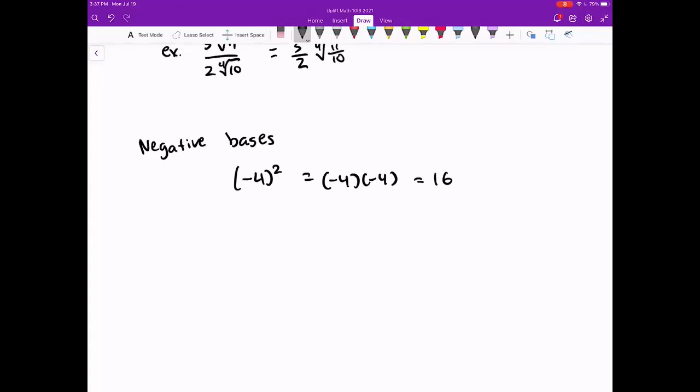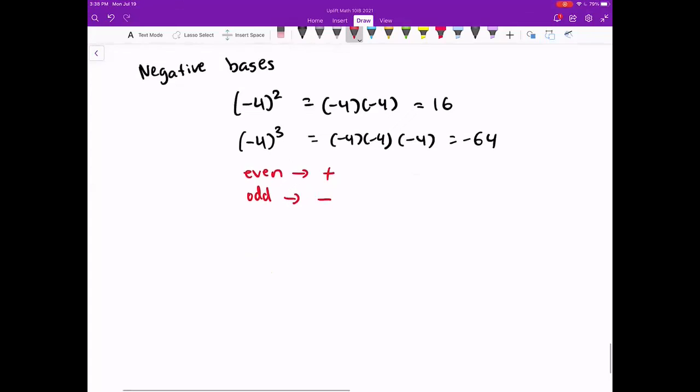We can also do another example where negative 4 in brackets is cubed, and that is negative 4 times negative 4 times negative 4, which is negative 64. We can see a pattern here. If the base is in brackets and it's negative, then with an even exponent it's always going to be positive, and with an odd exponent it's always going to keep the sign it had, which is negative.